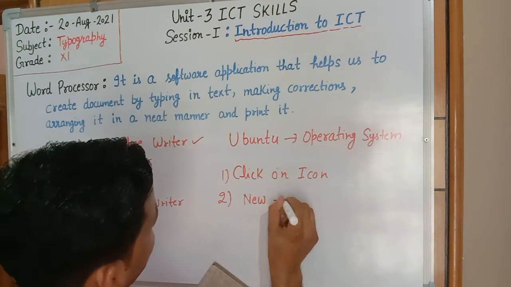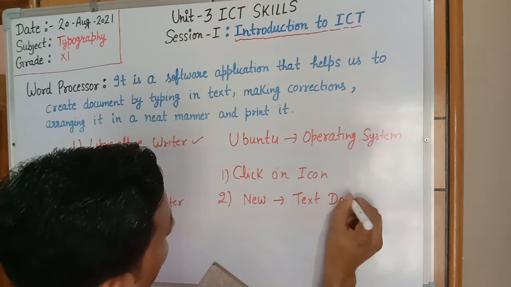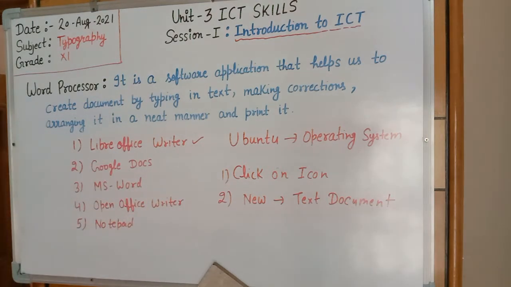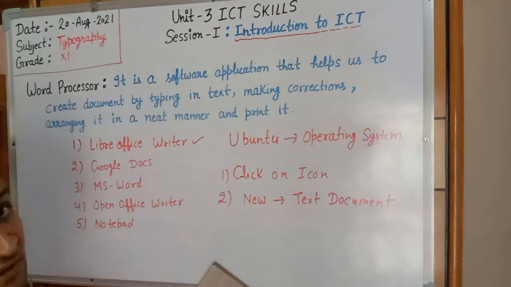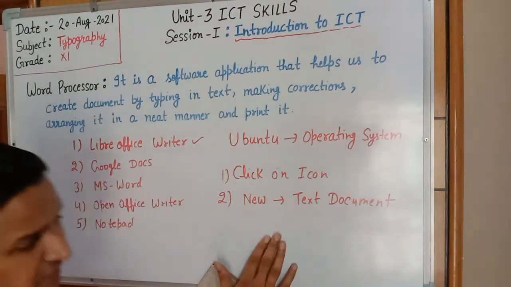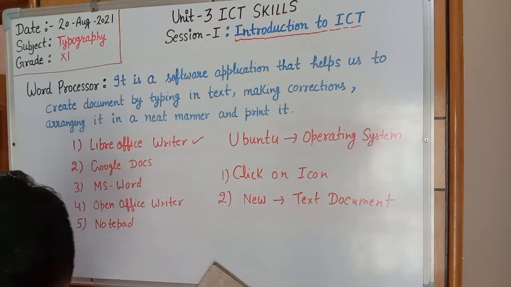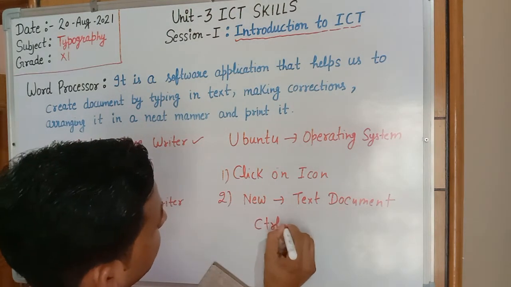In the new icon, you can select text document. When you click on text document, a new window will appear and you can create a new document in LibreOffice Writer. The shortcut key for opening a new document is Control plus N.